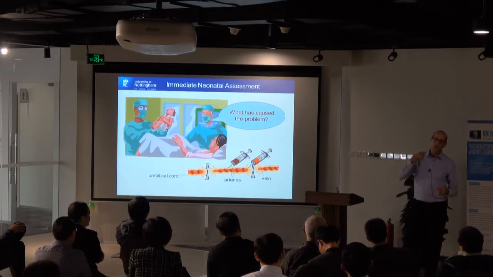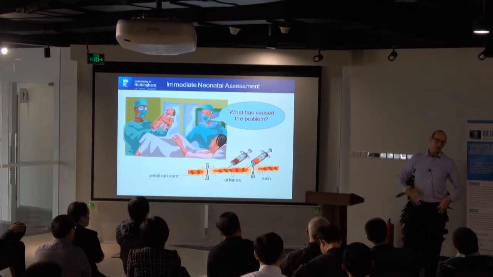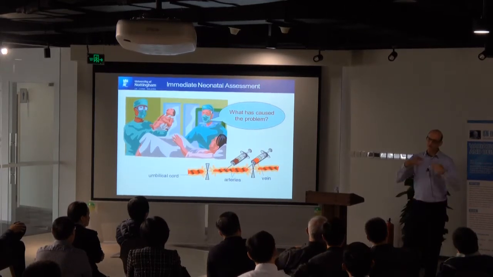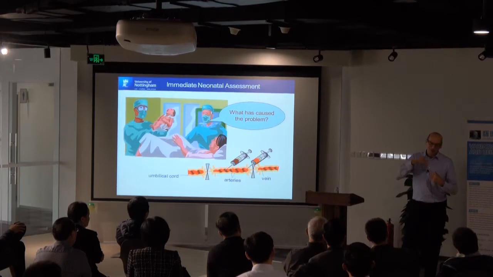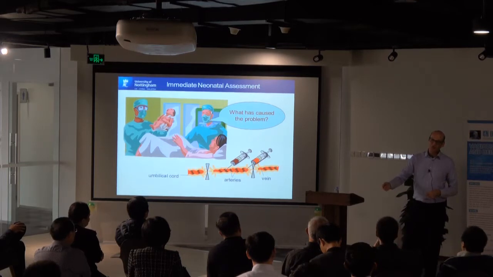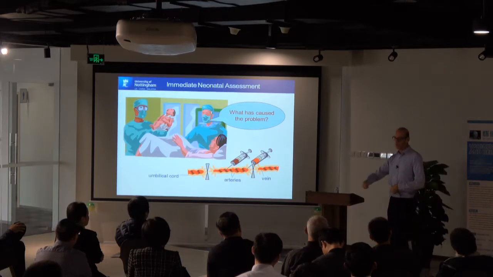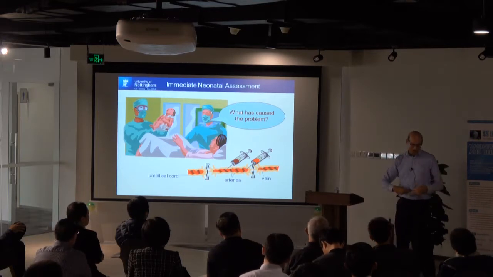We breathe in through our lungs, the cells metabolize, they put the carbon dioxide back into the bloodstream, the blood goes back to the lungs, and the lungs breathe out carbon dioxide. In the baby, this gaseous exchange, taking in oxygen and giving out carbon dioxide, takes place via the umbilical cord going into the baby's tummy.